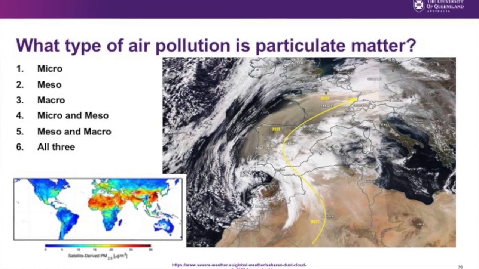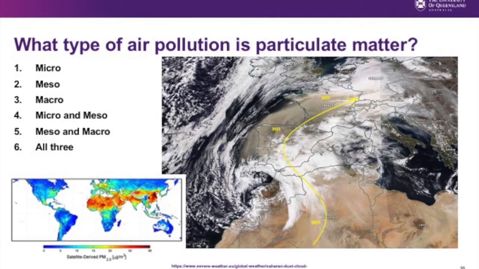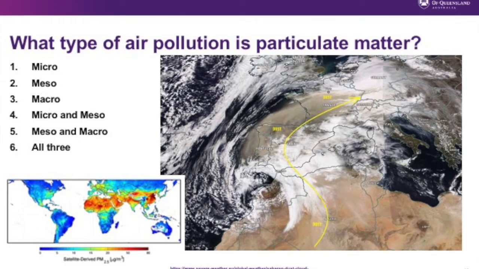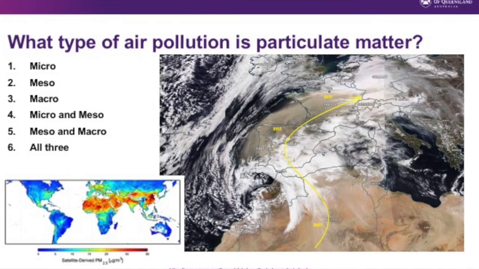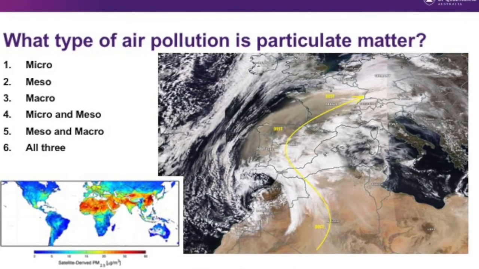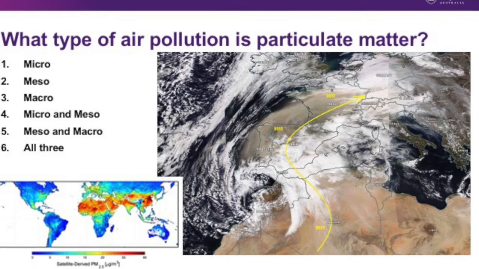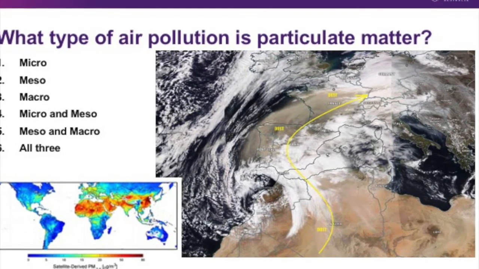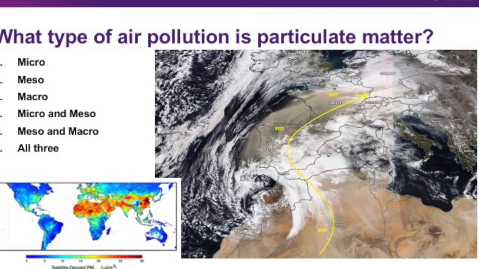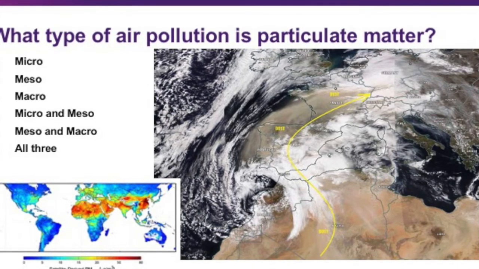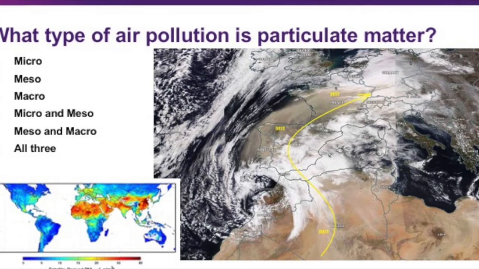It can also be at macro scale, because it affects more than local communities or regions. So in Europe, there have been some problems because of the transport of Sahara sand, which comes from the north of Africa to many European cities. So you can imagine that this can be seen as a macro problem.